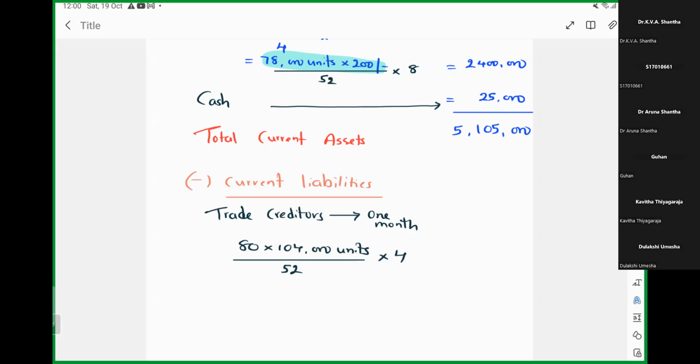So the material requirement, material cost, is 104,000 units into 80. So this is divided by 52 multiplied by 4. $640,000.